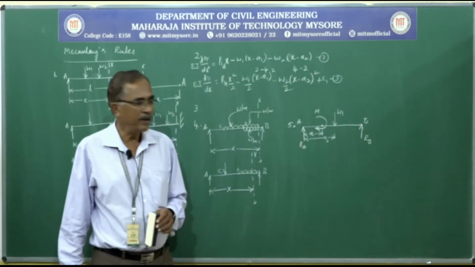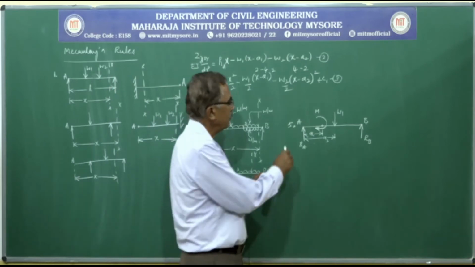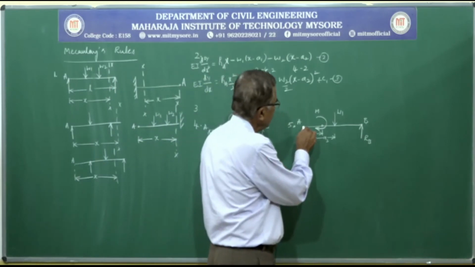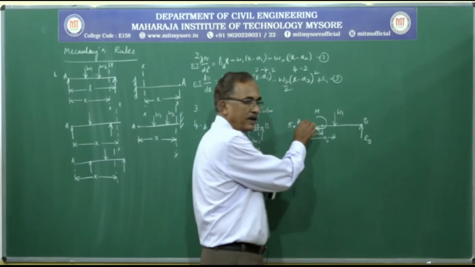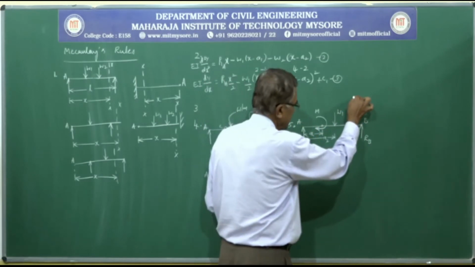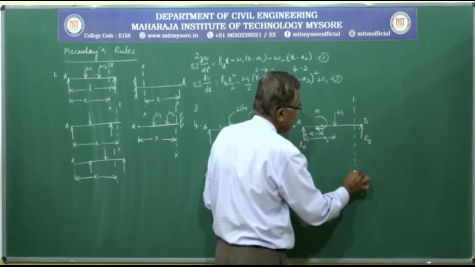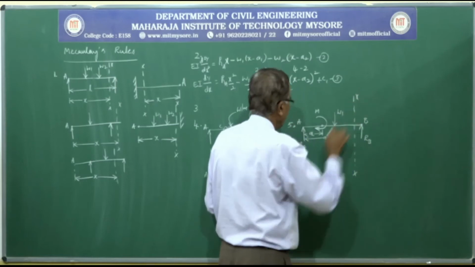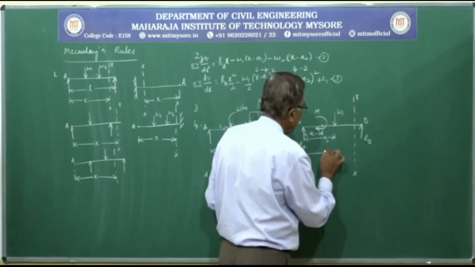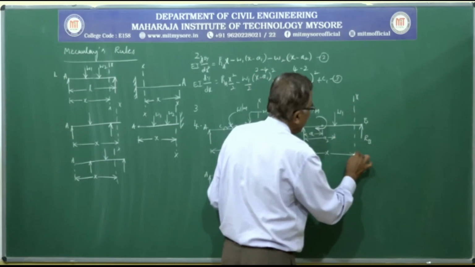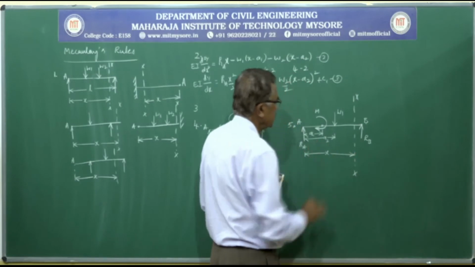It is a simply supported beam. Here we have to select again the origin as the extreme left hand side and we select the section in the last segment. So we mark the distance of the section from the origin, the x value.